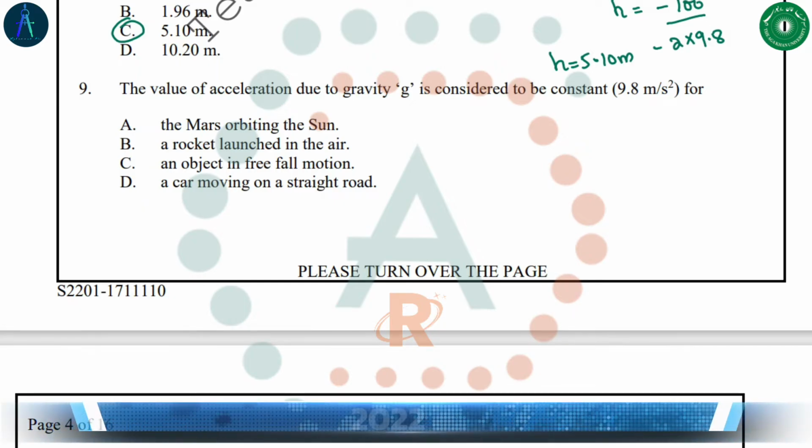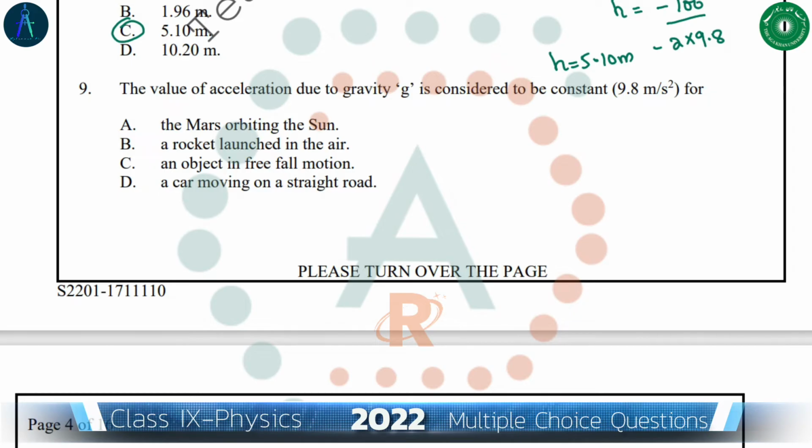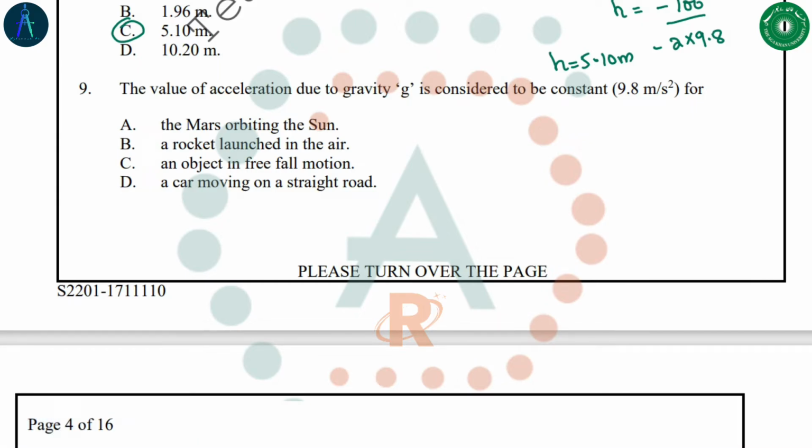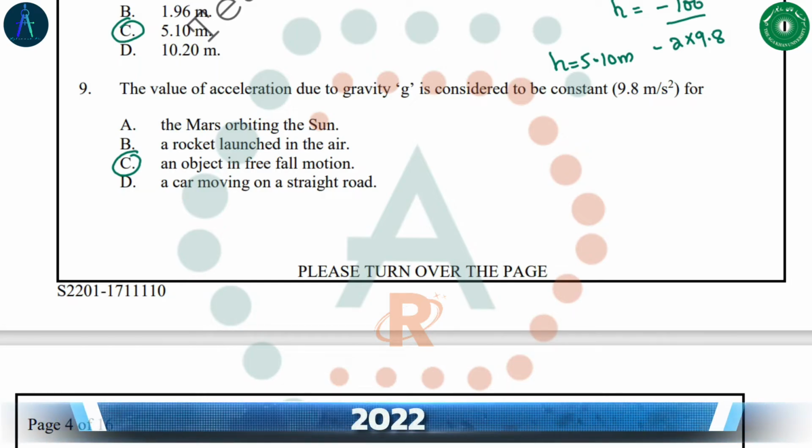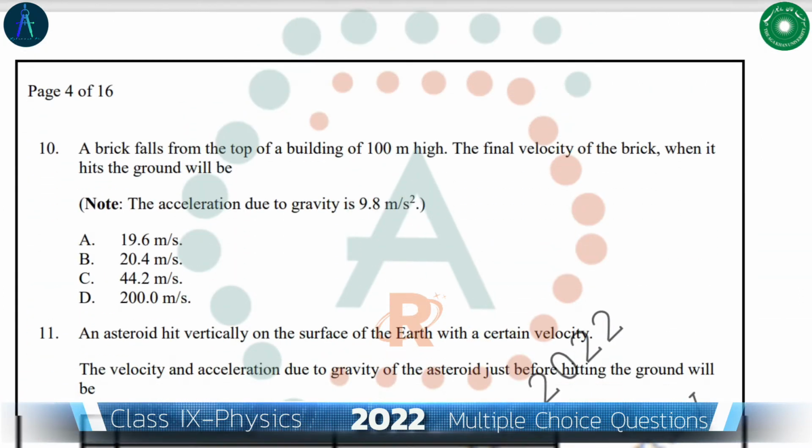So we know that this is the acceleration of a body that is falling freely. For a free falling body, the acceleration is always constant, that is equal to 9.8 meters per second square. Option C is the right answer.